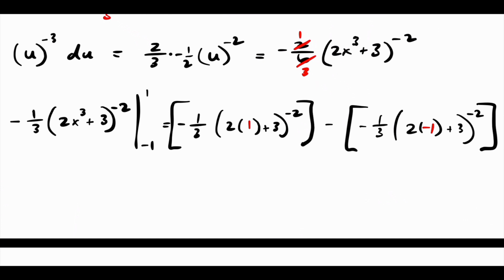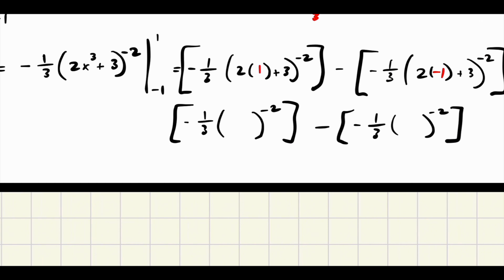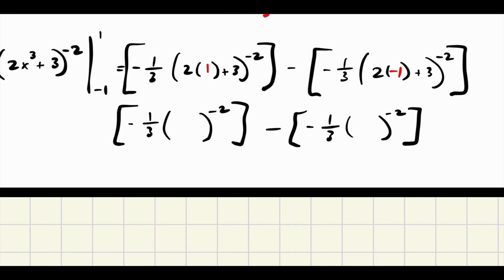Simplify. So let's see. 2 times 1 plus 3 is 5. 2 times -1 plus 3 is 1.